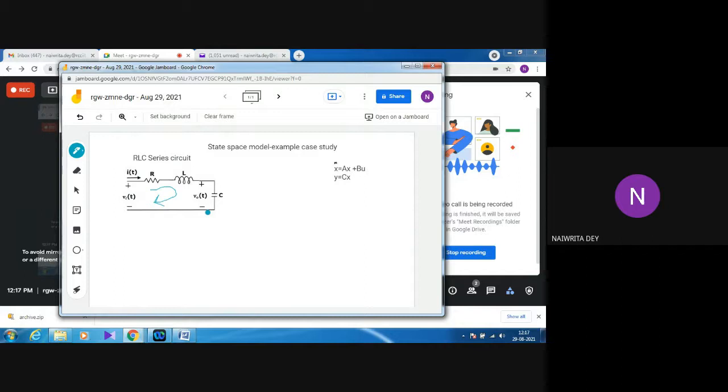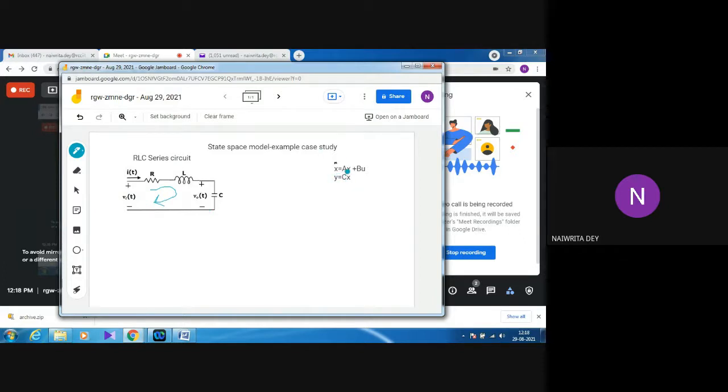That means if you are dealing with an nth order system, then you have to take a minimum of n state variables to obtain the equivalent state space model of the system. But you can take more state variables as well. In that case you will get different values of the state transition matrix.